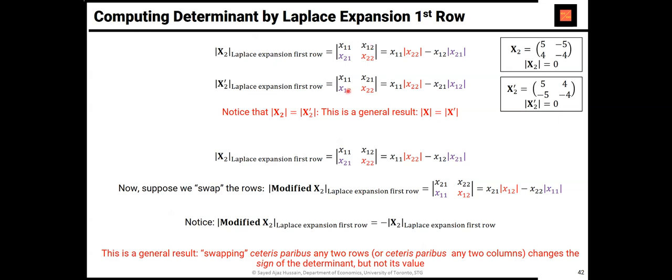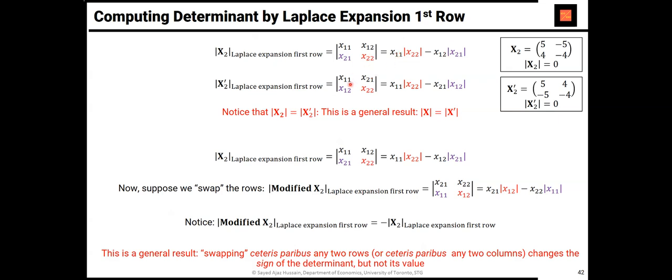The 1,2 has gone down here, and the 2,1 has gone up there, see? And if I again do Laplace for the first row, take the first element of the first row, which is again x1,1, times the determinant of what's left over, again x2,2, minus this element right here, which is 2,1, times the determinant of what's left over, which is this one right here. And if you compare the expressions, the two things are exactly the same. They have to be, right?